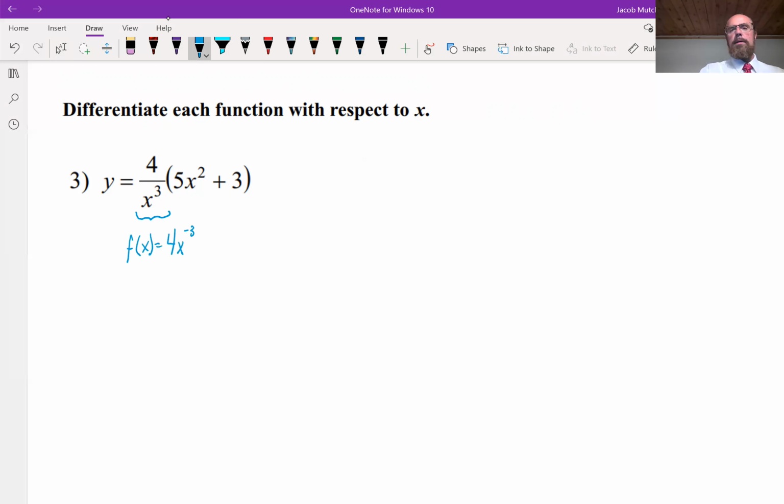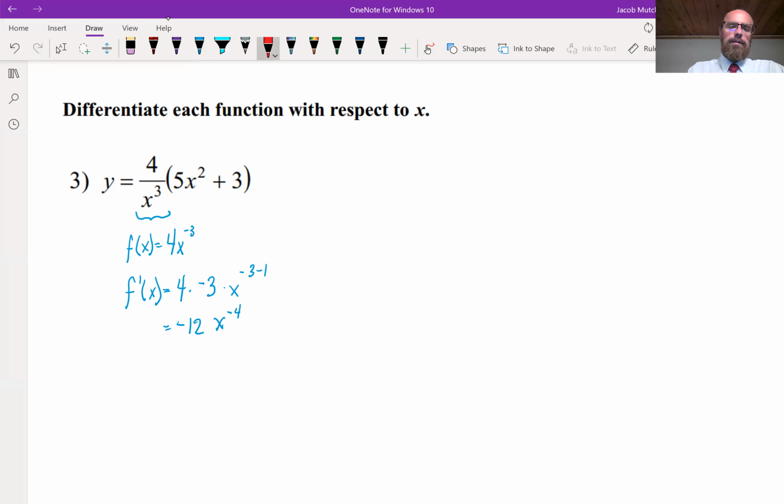So while I'm here, I'm going to take the derivative of that. I know I need the derivative of f of x. So that's going to be 4 times, bring down the old power as a coefficient, times x to the power of negative 3 minus 1. So the way that'll simplify for the derivative of f of x is negative 12x to the power of negative 4. Let's also identify g of x.